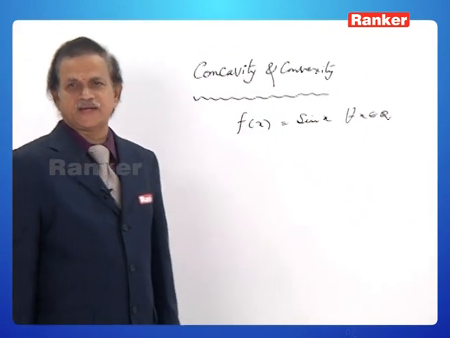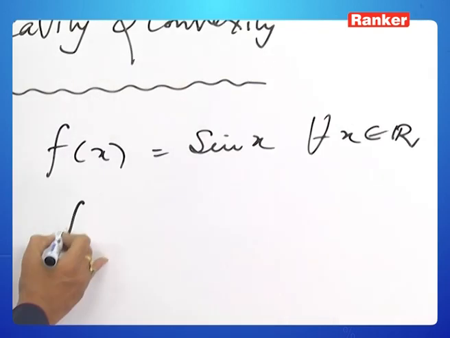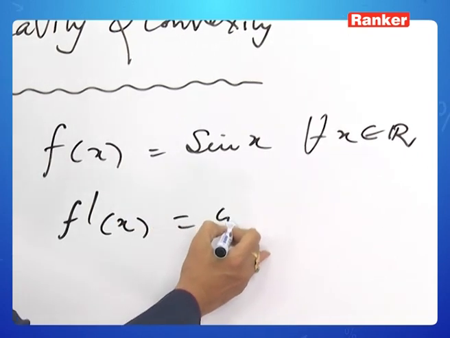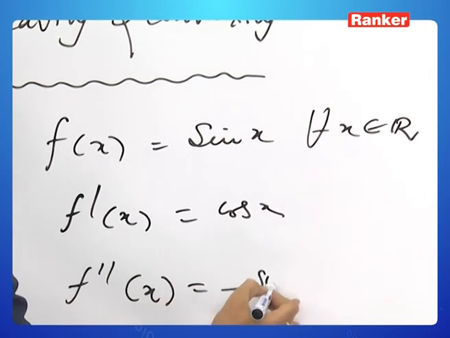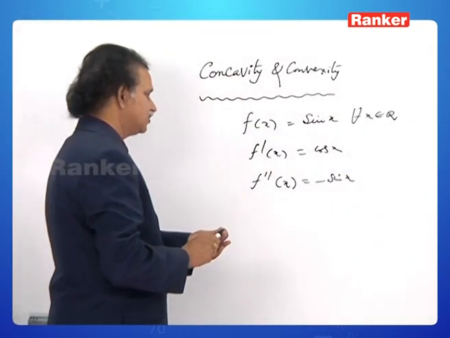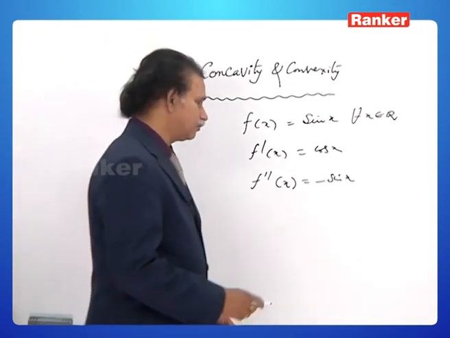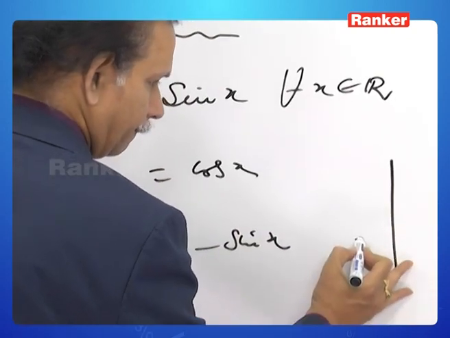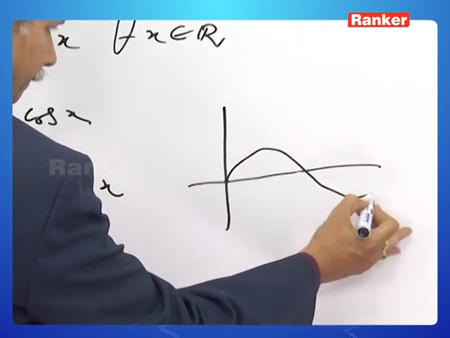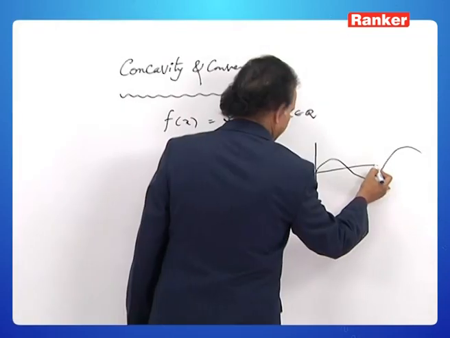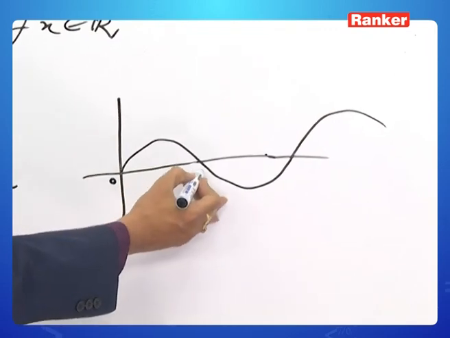We know that it is everywhere continuous and differentiable at every real number. Let us observe: what is f dash x? Cos x. What is f double dash x? Minus sin x. When x belongs to 0 to pi, observe the graph of the sine function.